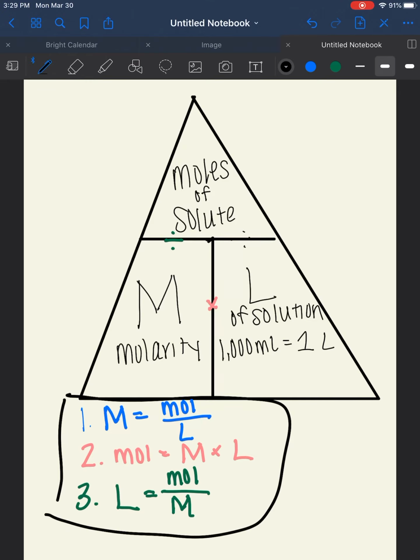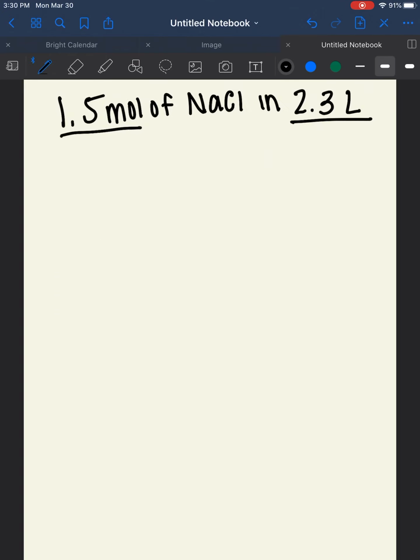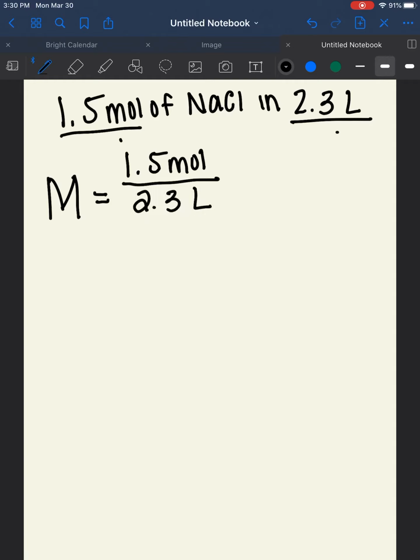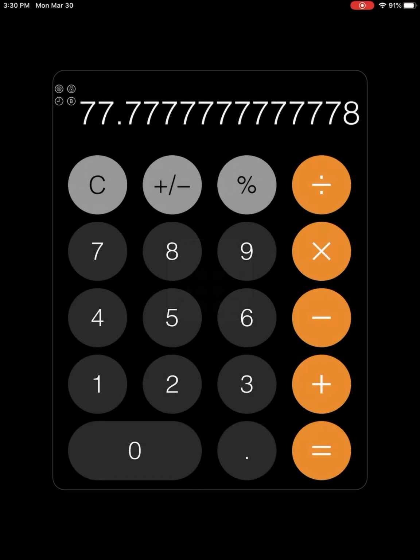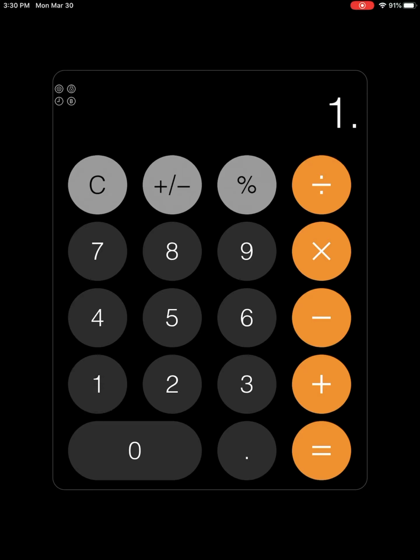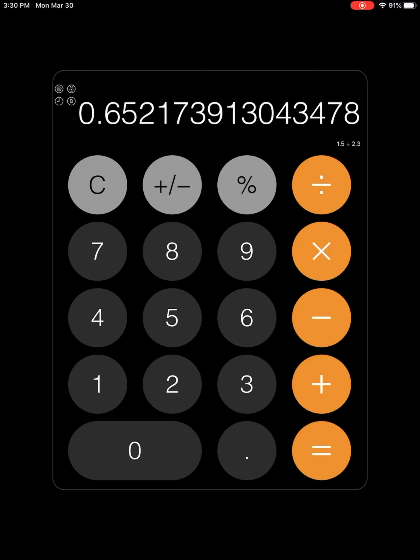So we know molarity is moles per liter. And I have both of those quantities already, so I just need to plug it in. Molarity is equal to moles per liter, which is 1.5 moles divided by 2.3 liters. Okay, so let's see. I have a calculator. So 1.5 divided by 2.3 equals 0.652.